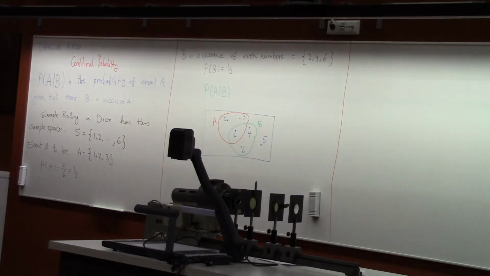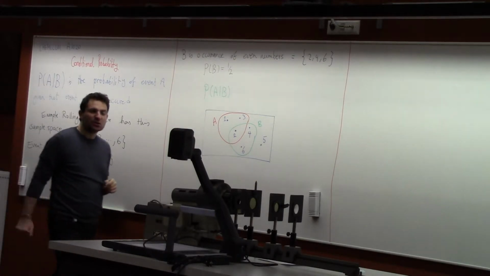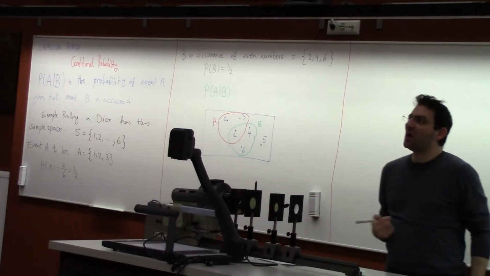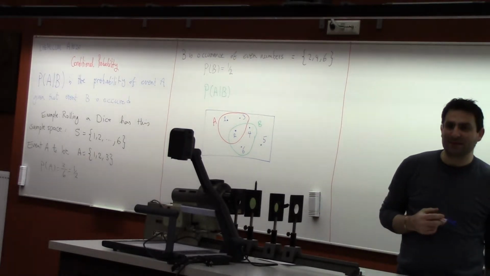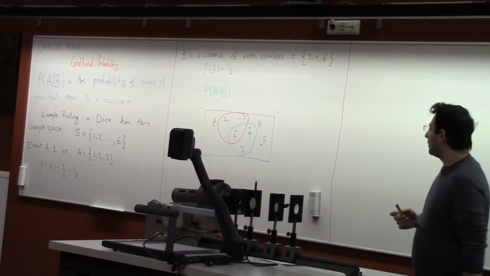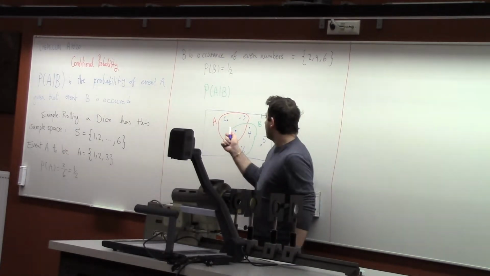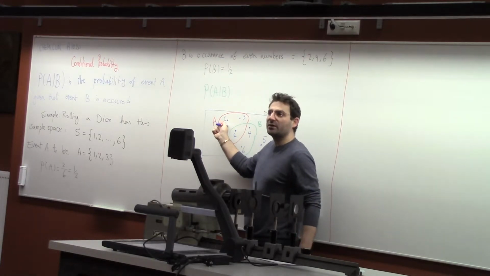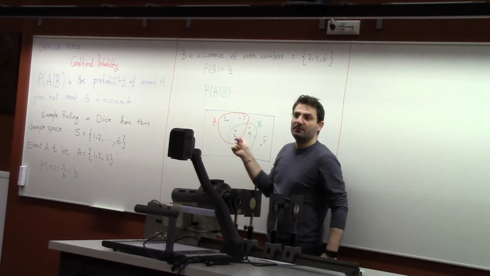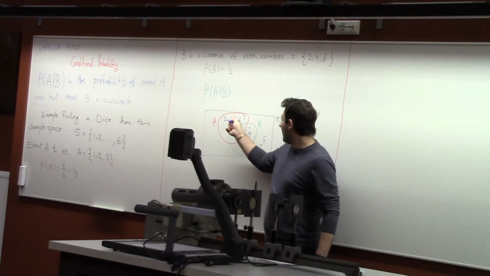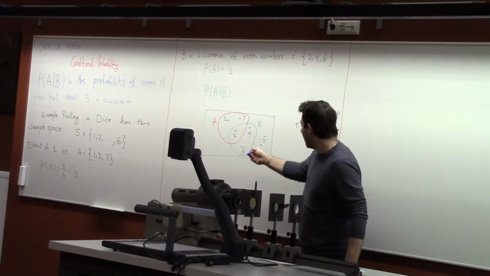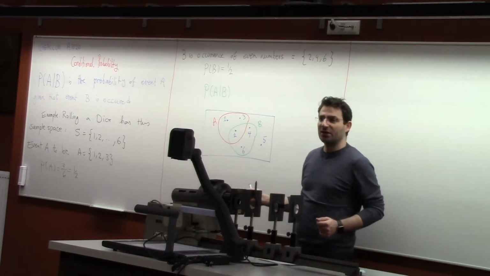So, actually, B is dictating to us what should be the new sample space. In other words, can we have some probability for occurring some number 1? No, because if 1 occurs, B has not happened. Can we have any probability for 3? No, because B is not happening, and 5 is totally out of the question.